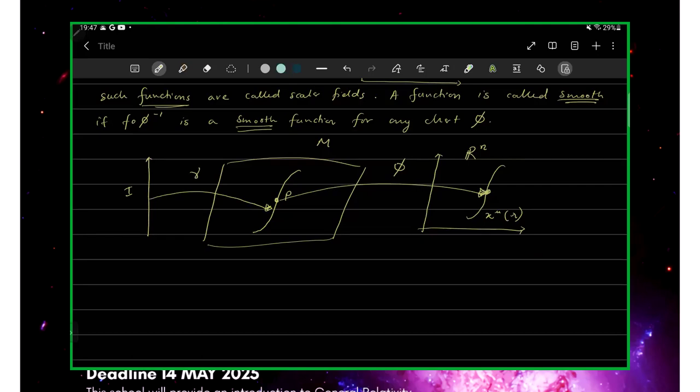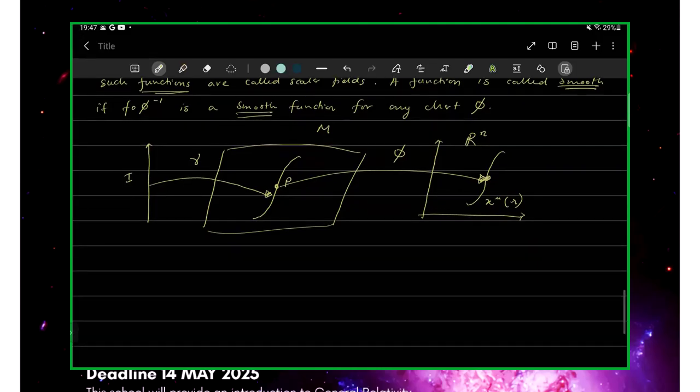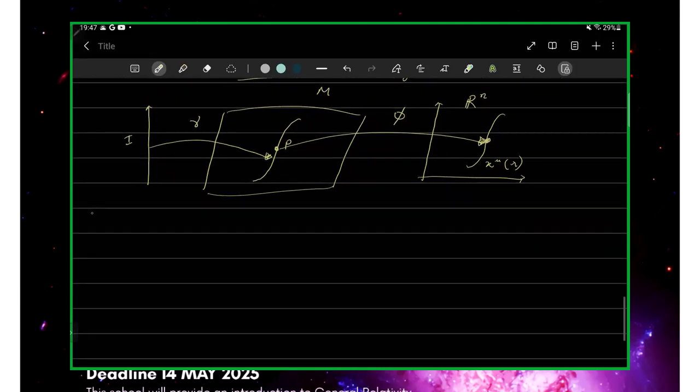Now, this might seem very ambiguous right now, but let me write down the definition of a curve, and then I think it will be clearer.